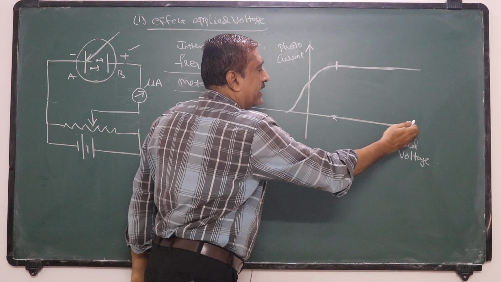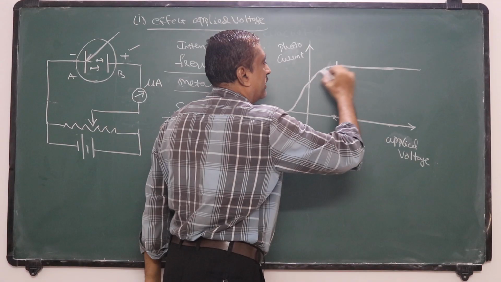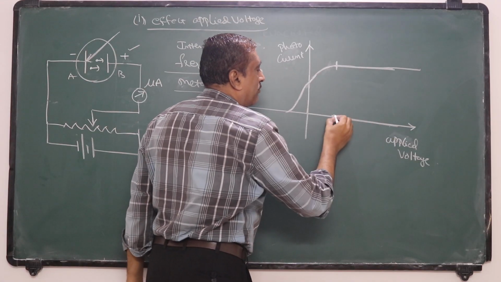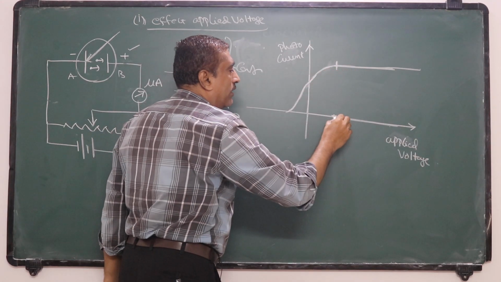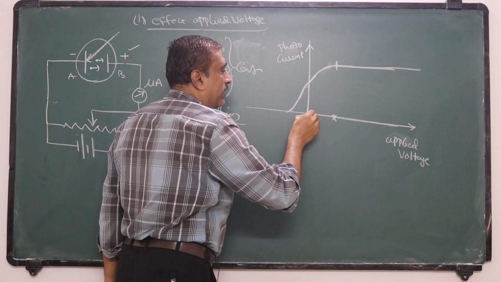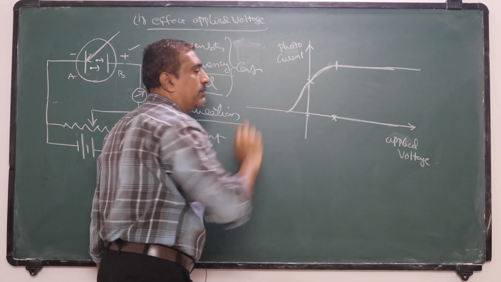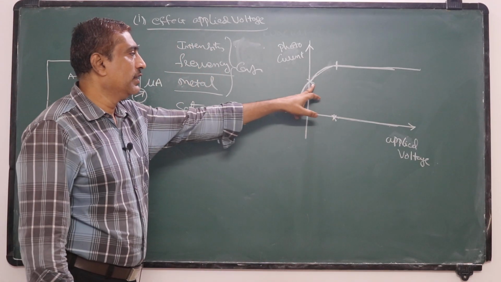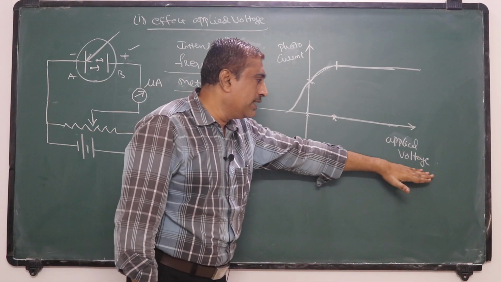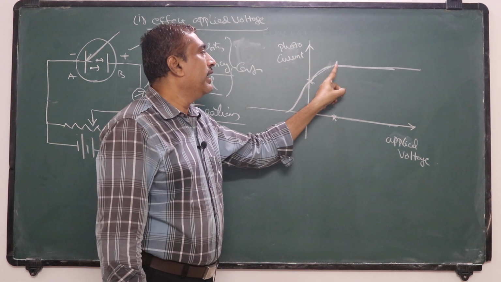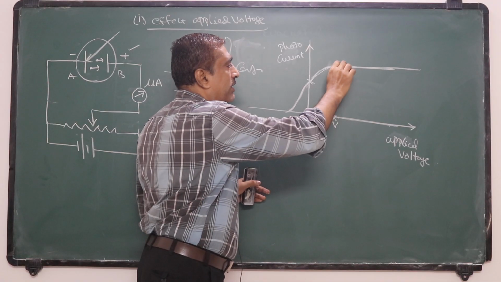Now if we slowly decrease the voltage, back again, up to this there will be no change in the current value, but if we decrease the applied voltage to 0, there is still current flowing through the circuit. That means if we increase the applied voltage, the current increases, and at a particular saturation voltage the current reaches a saturation value.